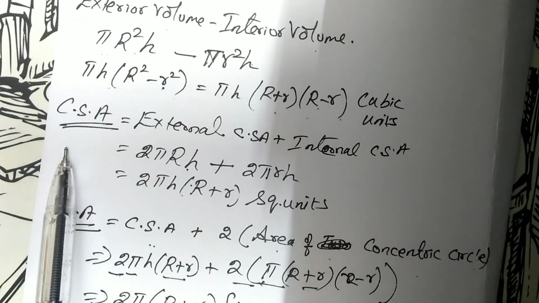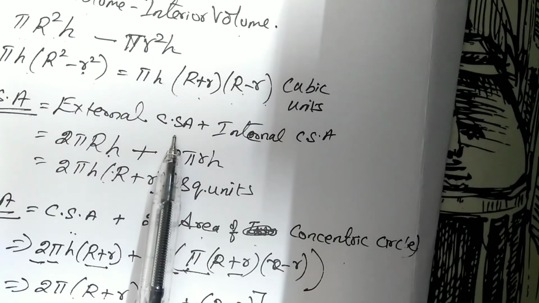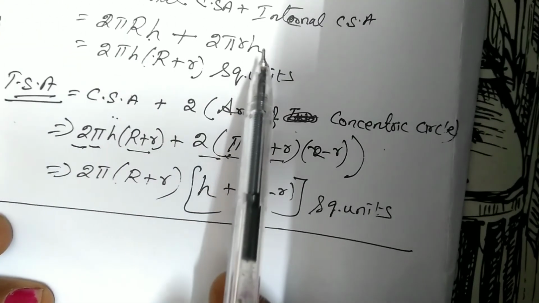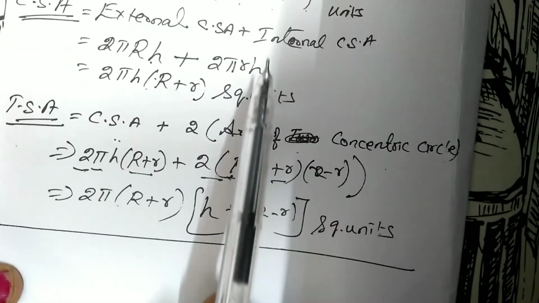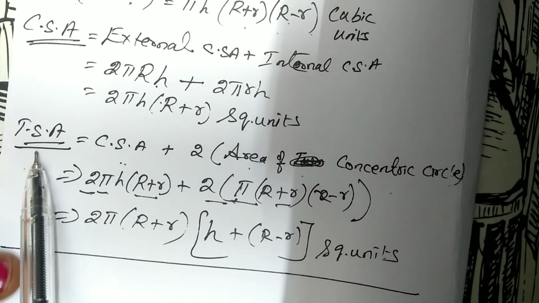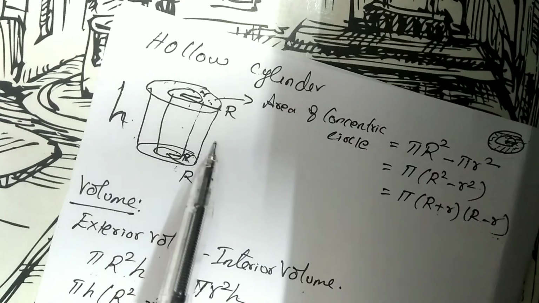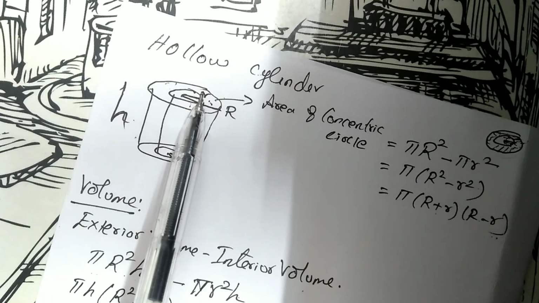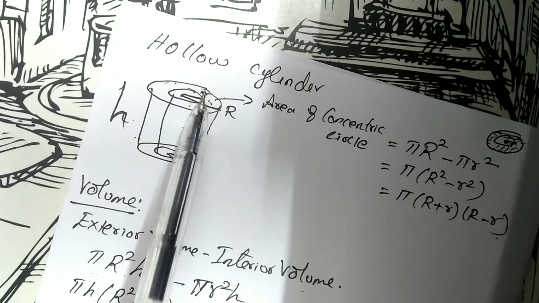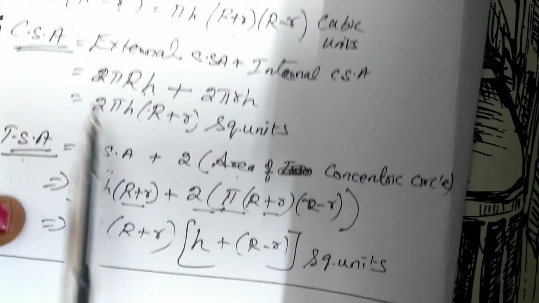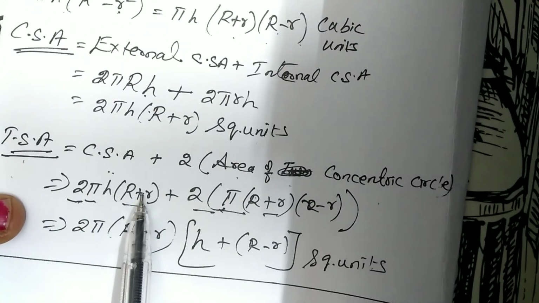Next, curved surface area: external curved surface area plus internal. Two surface areas are there, no? External and internal. So we use the CSA of the cylinder formula and add them up. Now total surface area is the curved surface area plus the area of the concentric circle at the top and bottom. The curved surface area we got is 2 pi h into (R plus r).